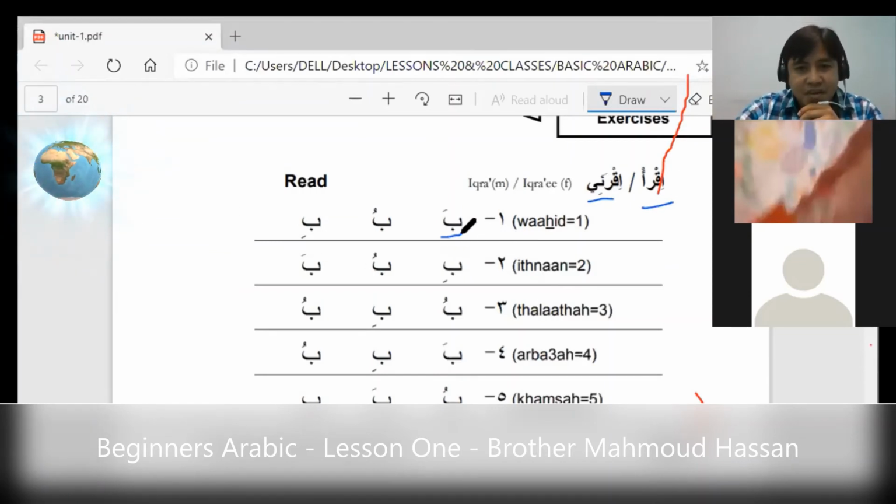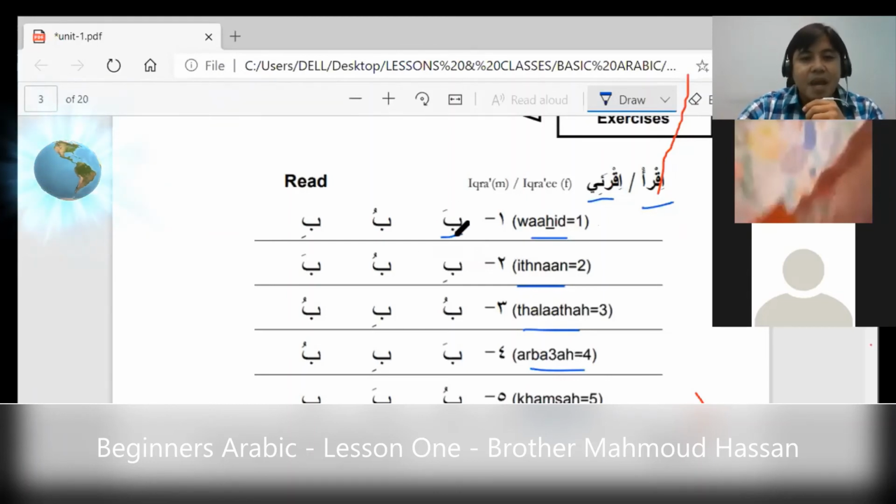Here we also have the numbers: wahid, ithnan, thalatha, arba'a, khamsa. And we have five examples. Oh, we are running out of time. Remaining 10 minutes. But inshallah, we are going to do this. So how are we going to read?